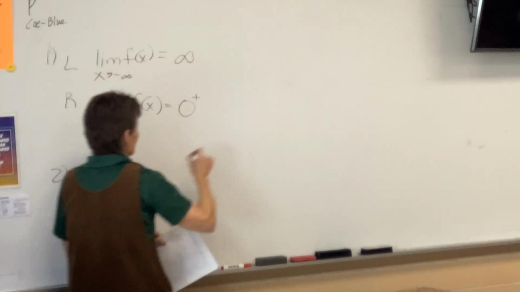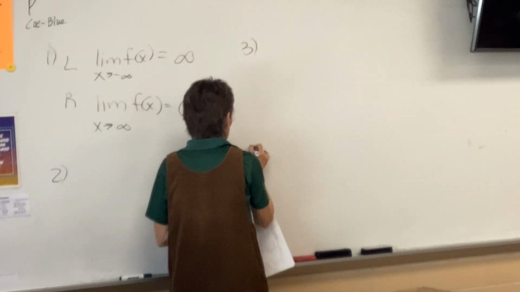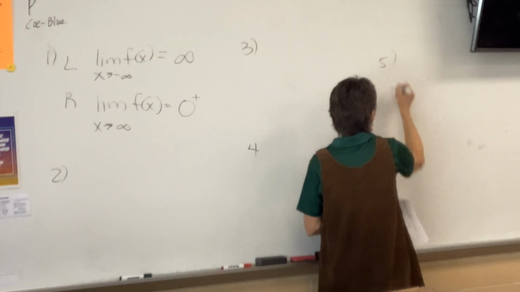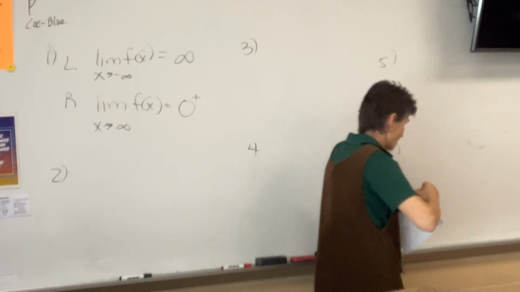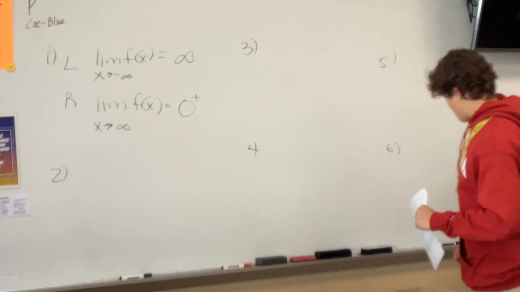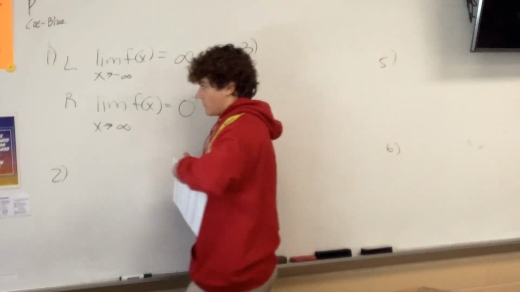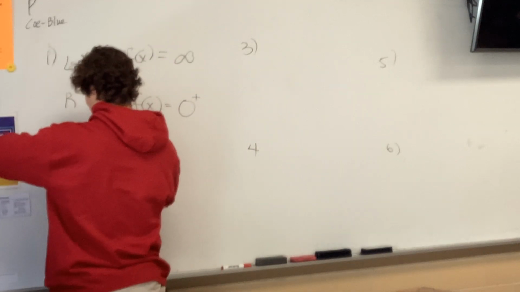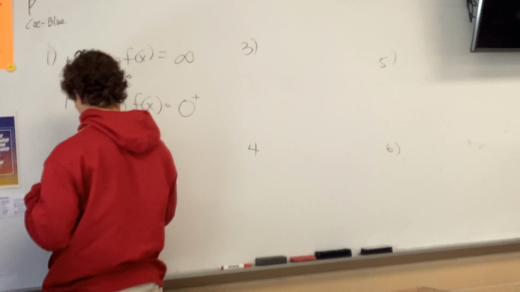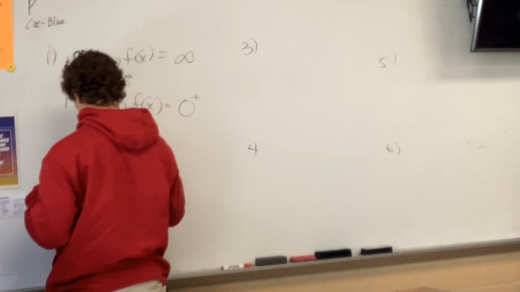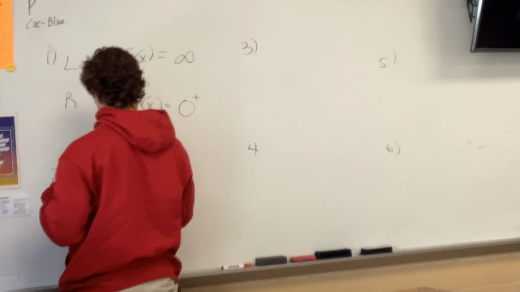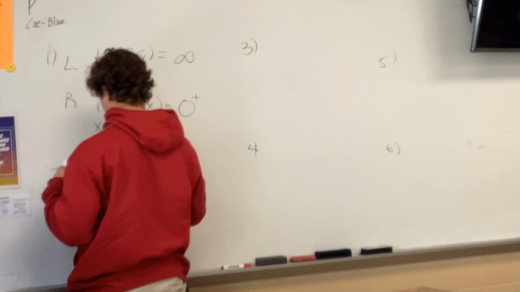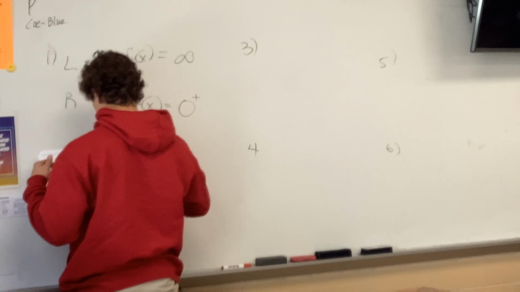I need somebody to come up and do 2, 3, 4, 5, 6. Make sure when you're writing your limit statements that you're using the right function. Mine was easy, mine was F, but if you're doing problem number 2, you're gonna use G.